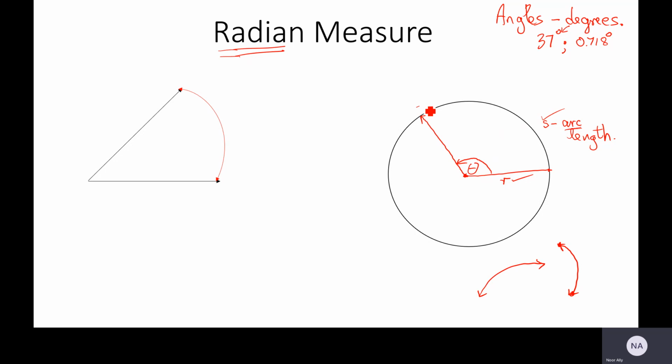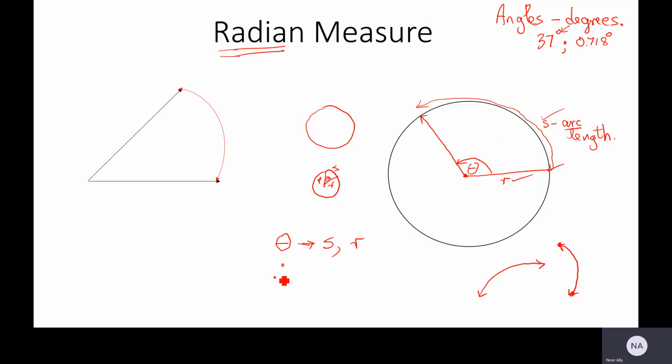And now look at our arc length going right around. So that theta is affected by S, the arc length, and R. Now, not only is that angle affected by the arc length and the radius, but also the circle itself. A small circle, slightly bigger circle, we're going to get smaller radii, and angles and arc lengths.